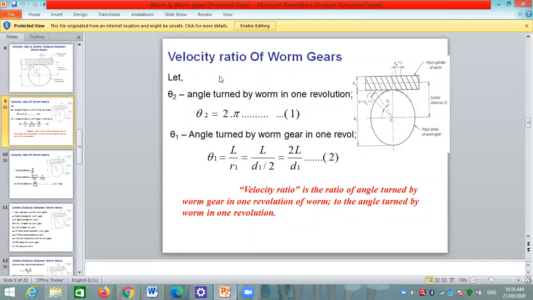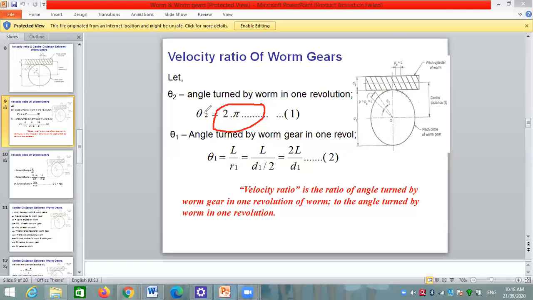When the worm rotates through one revolution, that is, when this worm completes one revolution, the angle turned by the worm is 2 pi.